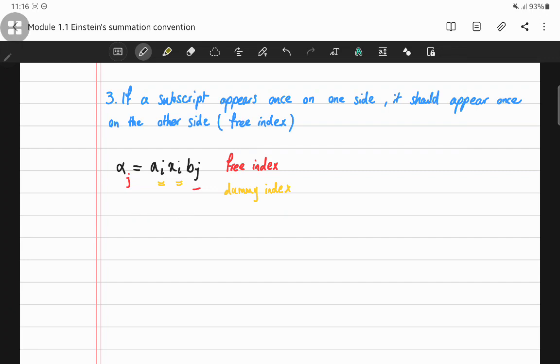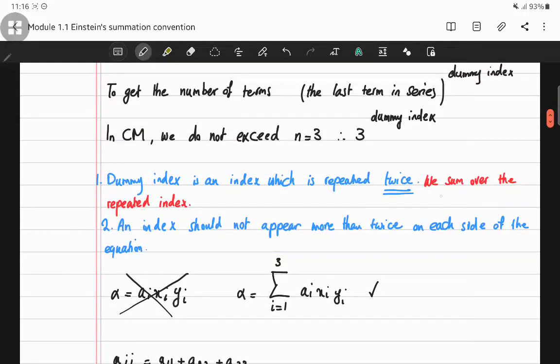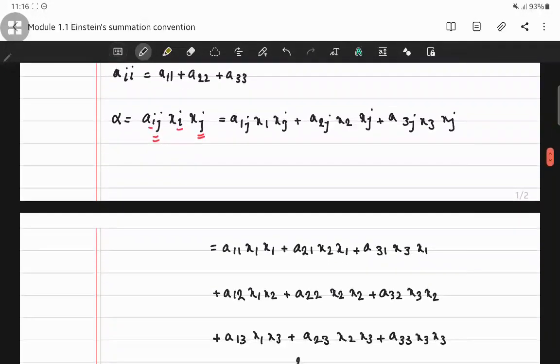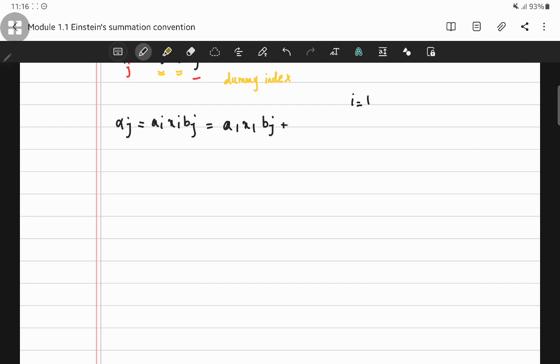If I say that alpha j is equal to a_i x_i b_j, then for i equal to 1 we have a1 x1 b_j plus, because we said that we sum over the repeated index, a2 x2 b_j plus a3 x3 b_j.